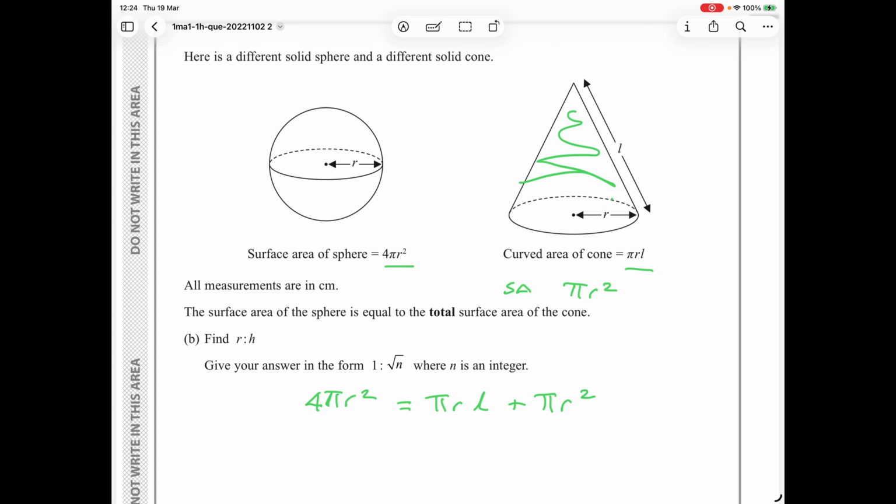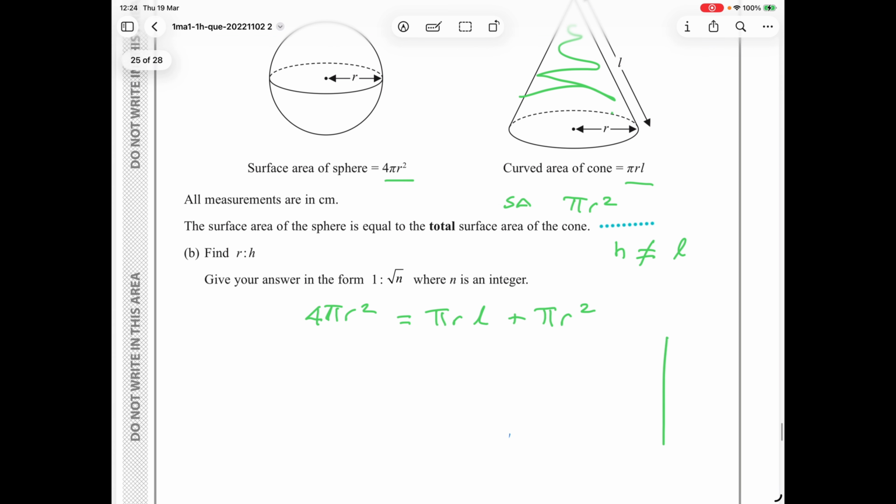Now, you may have noticed that h is not the same as L. When we get a little bit further in, we will convert L to h using Pythagoras, but I might be able to do something a little trickier first. I'm going to see if I can convert L into r and then do it from there.